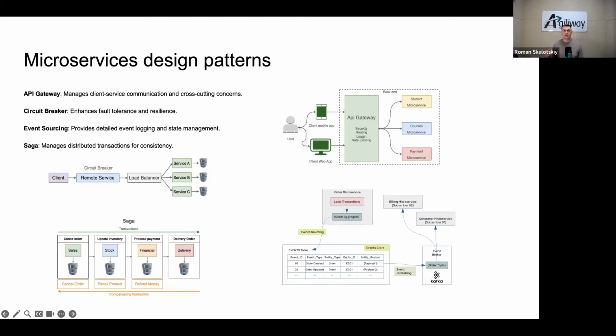The pattern simplifies the client interaction by acting as a reverse proxy and allowing service boundaries to change independently. It improves functional design for specific client types, reduces round trips, and handles tasks like authentication, SSL termination, caching, and enhancing the security, or you could say the protection.